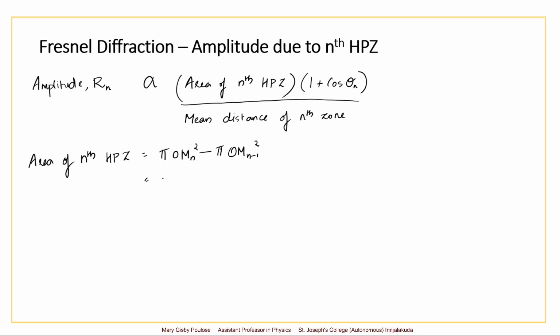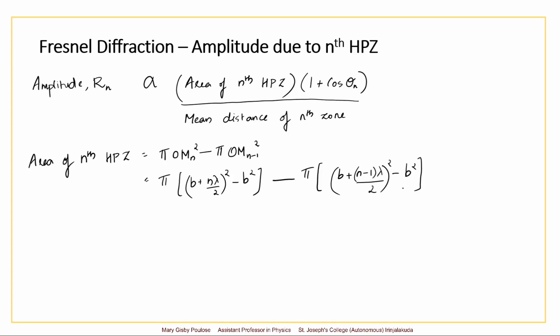This is written as pi of b plus n lambda by 2 the whole square minus b square, minus pi of b plus n minus 1 lambda by 2 the whole square minus b square.